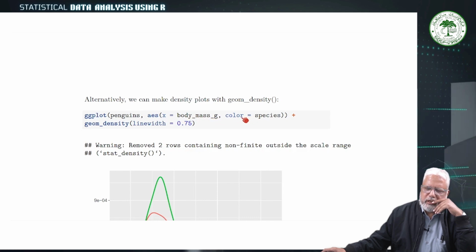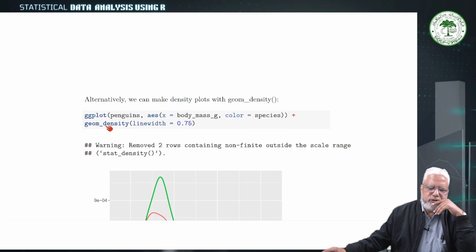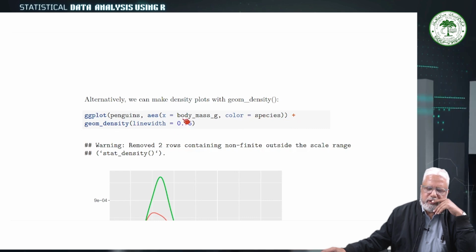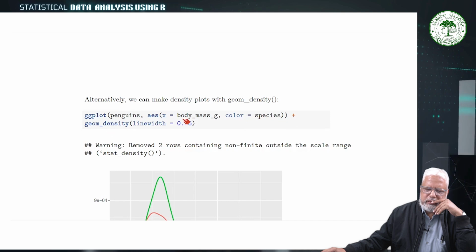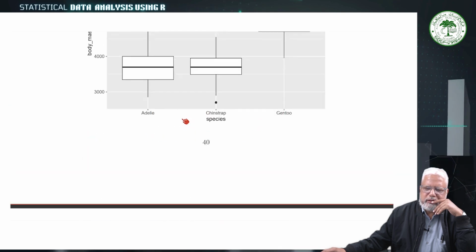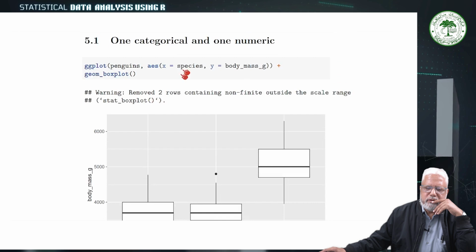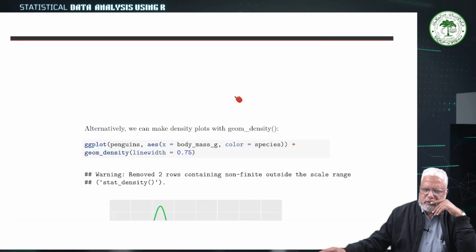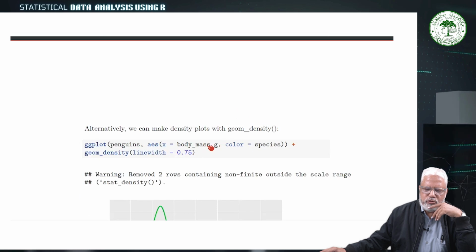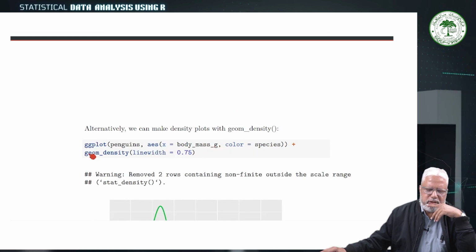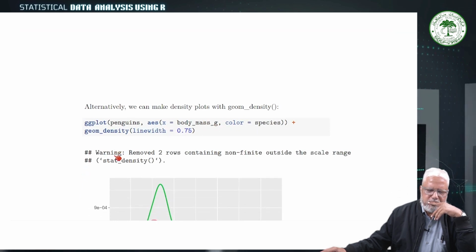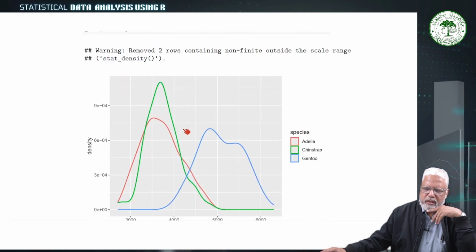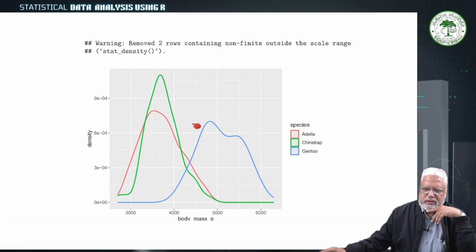Before, on the x axis it was species and the y axis it was body mass, but here we have given x equal to body mass and color equal to species, plus geom_density with linewidth equal to 0.75.